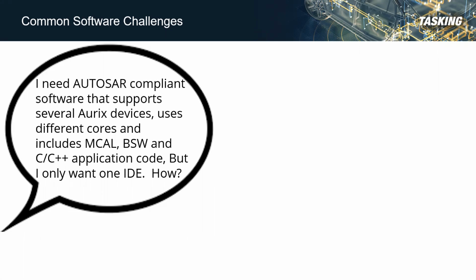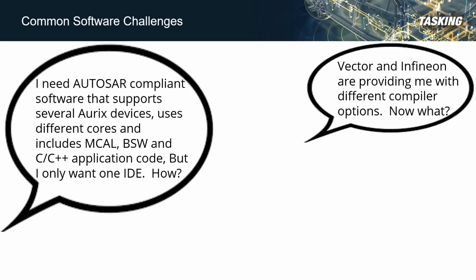Vector then says, hey, but for our BSW, you need to use these compiler options. And then the tier one has their own application code, and they have their own types of requirements, based on whether they want to compile for speed or for code density or however they want to do it. But they only have one IDE. How do they support all of these different requirements?